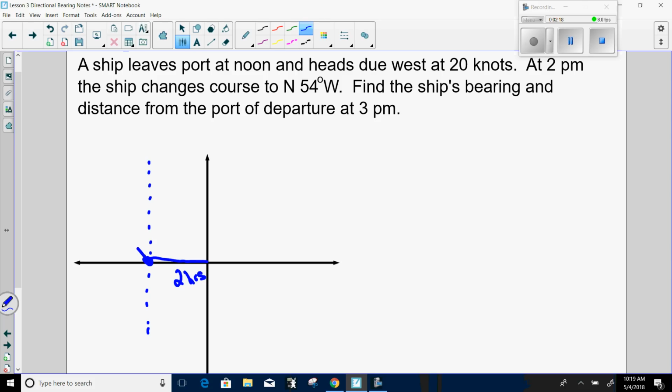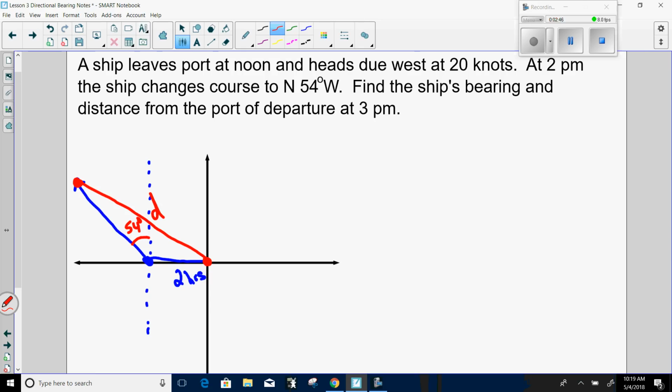So now the ship starts to travel in this direction, and we know that because this is 54 degrees from here to here. Now, it says at 3 p.m., how far is it from the port? The port's right here, so the ship is now right here. So what I want to know is the distance there. I want to know D, okay?